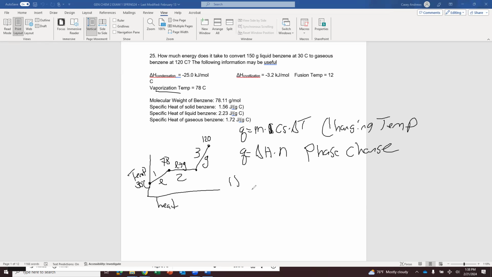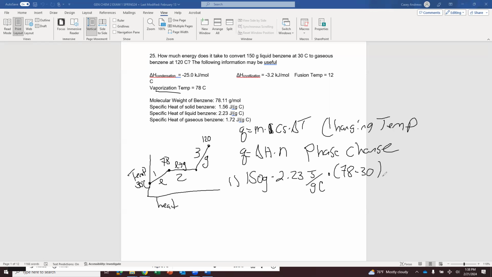So calculation number 1, our mass is 150 grams. The first part, we're still liquid, so the specific heat of liquid is 2.23 joules per gram centigrade, multiplied by my delta T. My final temperature is 78 minus my initial temperature 30.